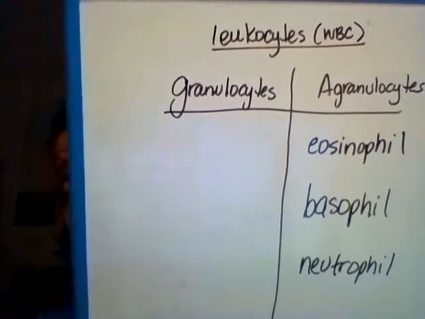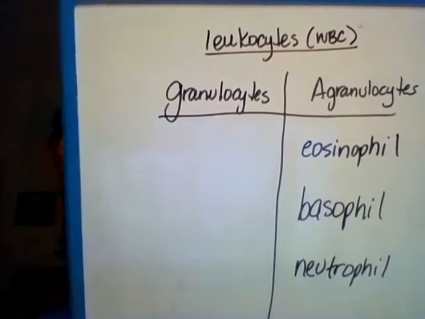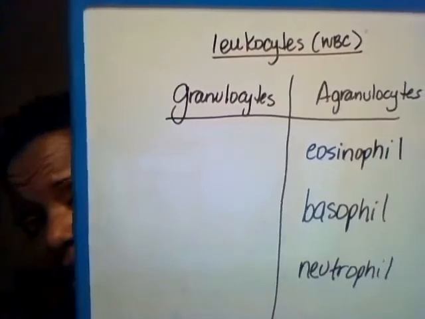There are only two types of, you know what? Scratch that. Change your heading because I have it backwards. Just take the A off of the agranulocytes because I just gave you all the granulocytes. So let me swap it out. These are the granulocytes.